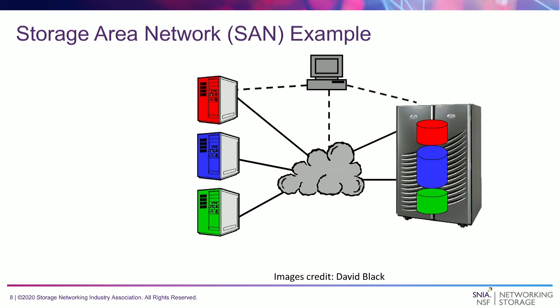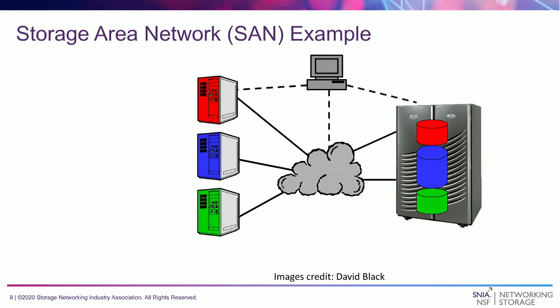And there is a network in the middle that can be a Fibre Channel fabric, or an Ethernet network running iSCSI, or NVMe running on top of a RoCE network, or this could be a cloud that is accessing cloud storage. Doesn't matter what is there. This is a representation of a storage area network.